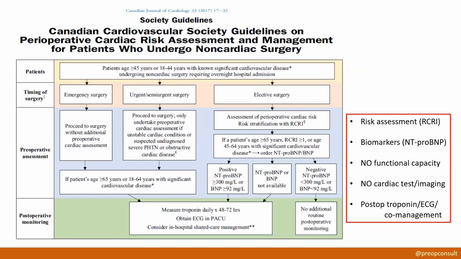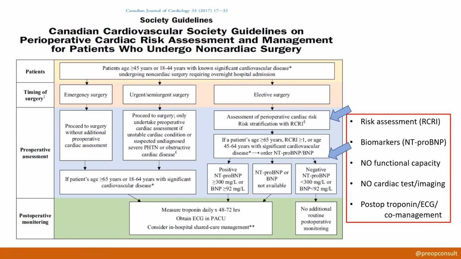The third major society for guidelines is the Canadian Cardiovascular Society. Their guidelines are from 2017, and we'll look on the right side for elective surgery, and they say that you should do a risk assessment, but they only want to recommend using the Revised Cardiac Risk Index, or RCRI. They say it's the only one that's been externally validated. Then they go on to say, if you're at elevated risk based on your age, an RCRI score of 1 or more, or significant cardiovascular disease, they recommend getting a BNP or N-terminal pro-BNP.